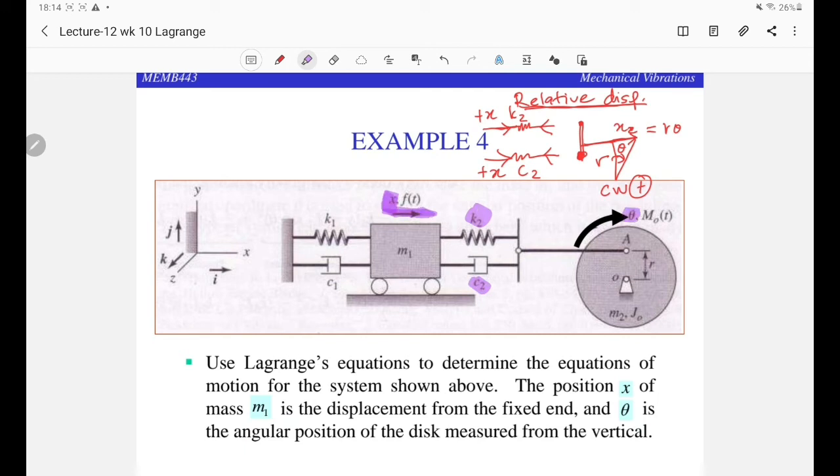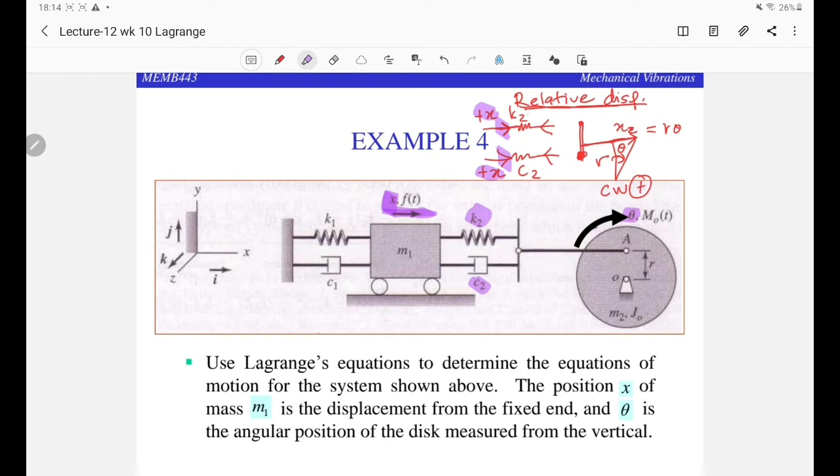K2 is located in between these two. Because I want x to be positive, it's easy for me. X going to the right is positive, so that's why I have this arrowhead here to the right, so that I have positive x for both K2 and C2.